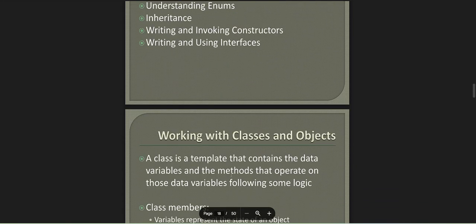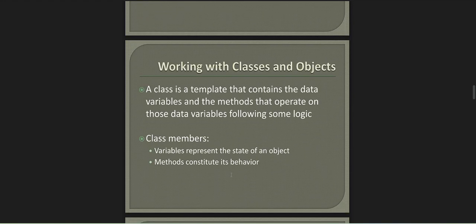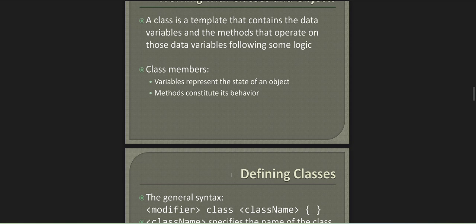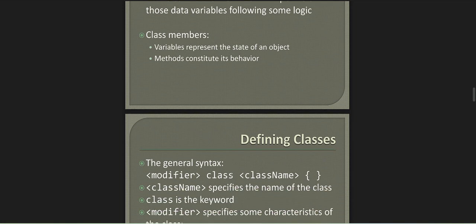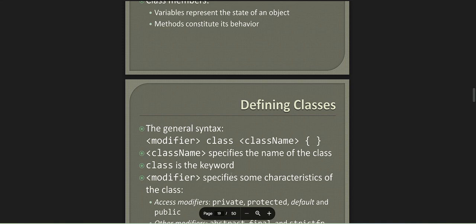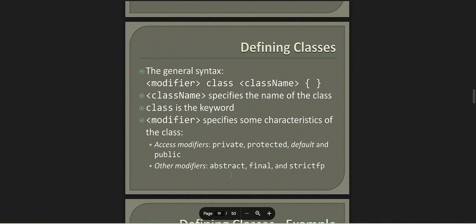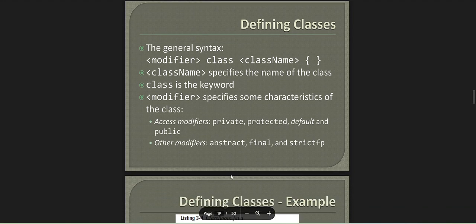A class is a template that contains data. The class member variables represent the class object, and methods constitute the behavior. The class name specifies the name of the class, and keyword modifiers specify the characteristics of the class. Access modifiers: private, public, protected, default. Other modifiers: abstract, final.